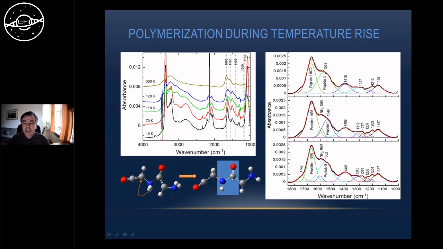Peptide 1 is CO stretching of this group, and the peptide 2 band is more complex. It is composed mainly of two vibrations: CN stretching vibration and NH bending vibration.